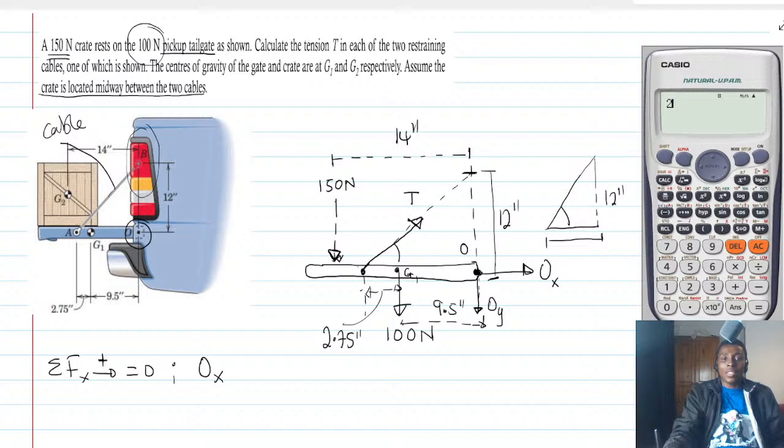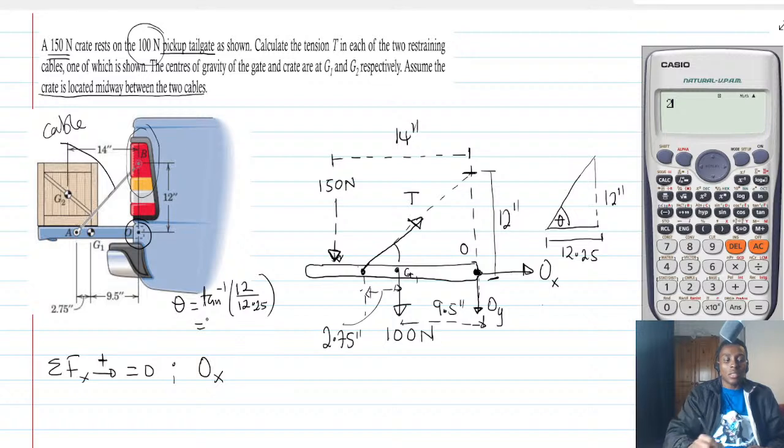So then this is how we are going to do this. 12.25. So we can use tan, right? So if this is the angle, to get this angle, theta, is going to be tan inverse of 12 divided by 12.25.